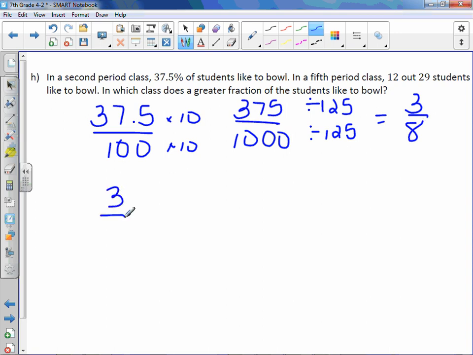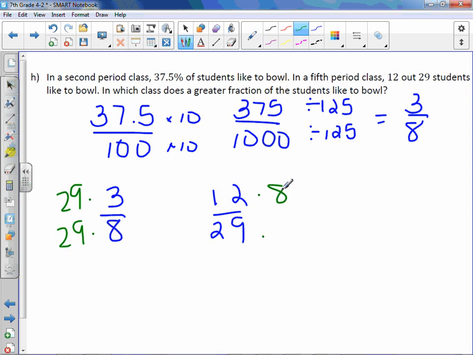So we have 3/8 versus, again, 12 out of 29. 29 is a prime number, so I know it won't have any common factors with 8. So I'm just going to multiply these by 29 and these by 8. 29 times 3 is 87.